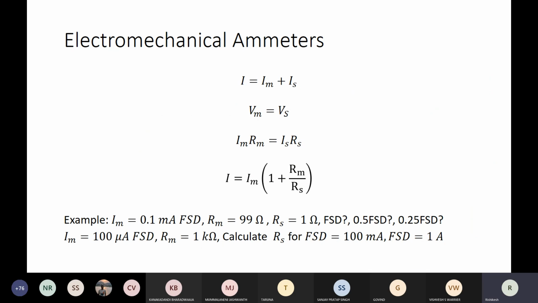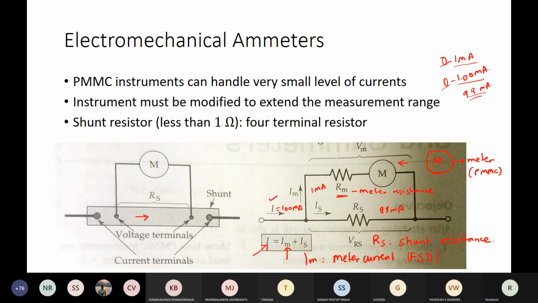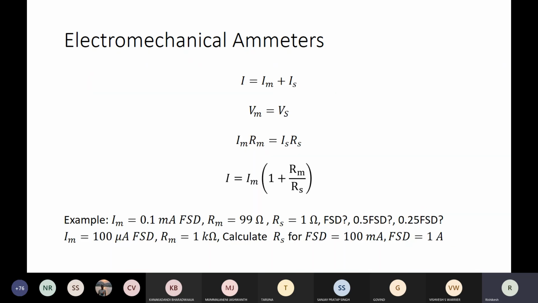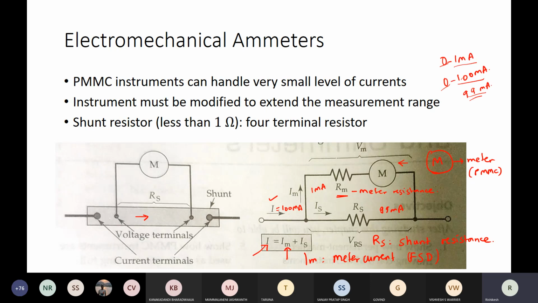I hope you remember what full scale deflection is. That means the maximum amount of current it can indicate. That is meter current IM. So I is equal to IM plus IS. IS is the current flowing through the shunt resistor. Right? So let's take an example that will establish the design criteria for an ammeter using a given PMMC instrument.